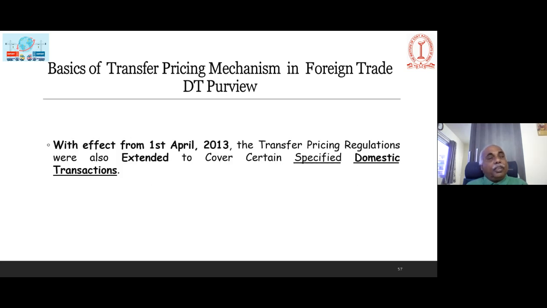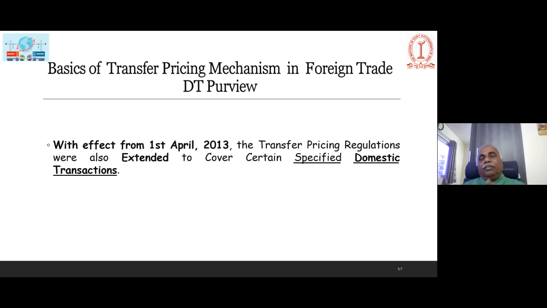With effect from 1st April 2013, the transfer price regulations were extended to cover specified domestic transactions. Even for domestic transfers, from one company to another subsidiary within the country's boundaries. I'm not talking about other countries, where the parent company is in India and the other company is in another country.